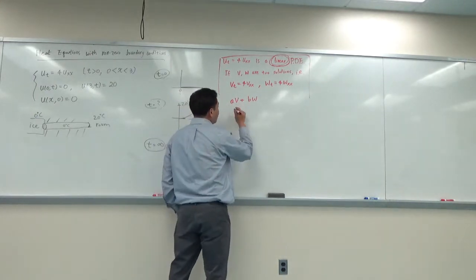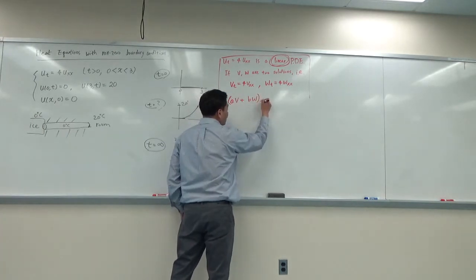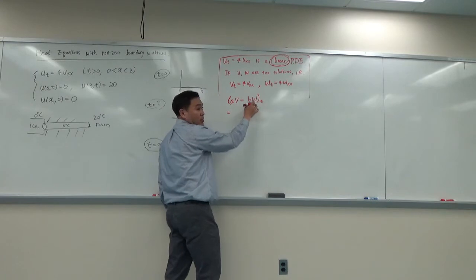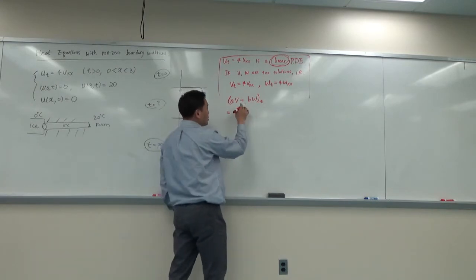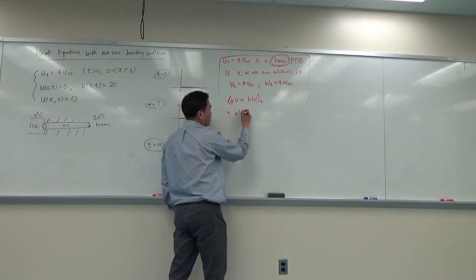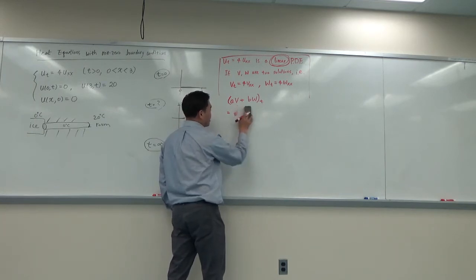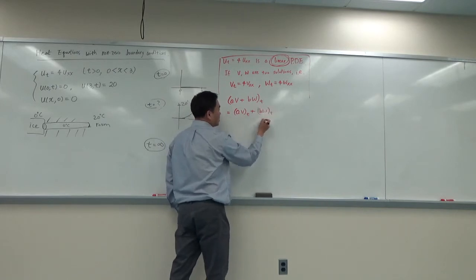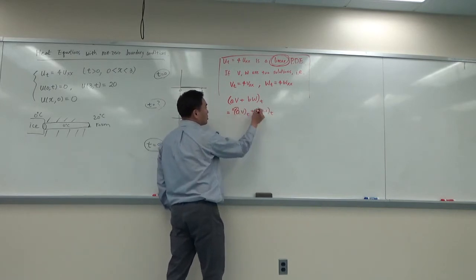If you take this and you take the derivative with respect to t, then because derivative is a linear operator, taking the derivative is the same thing as taking the derivative of the first and then taking the derivative of the second, and any constant multiple comes out, right?